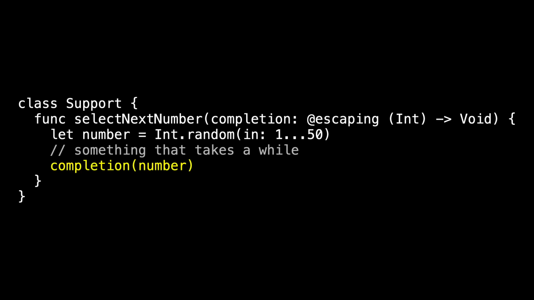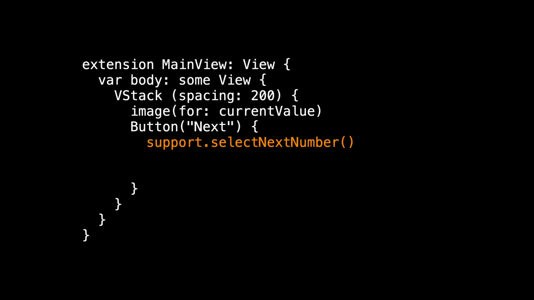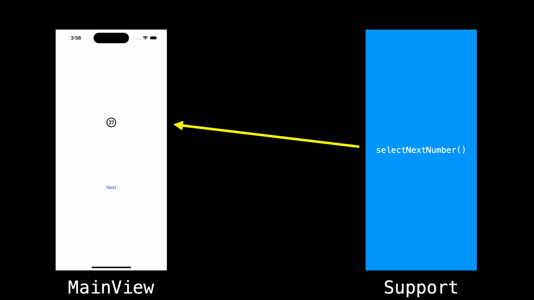Of course, that means that this call in main view is incorrect. We need selectNextNumber to accept a closure, and that closure has to take an Int. The body of the closure is pretty simple. We just take the Int that's provided to us and set current value to be that number. Now when we run the app and tap the button, the closure allows the number to be set inside of main view using the completion. But you knew how to do that already.